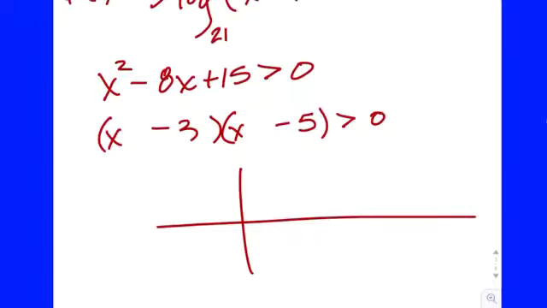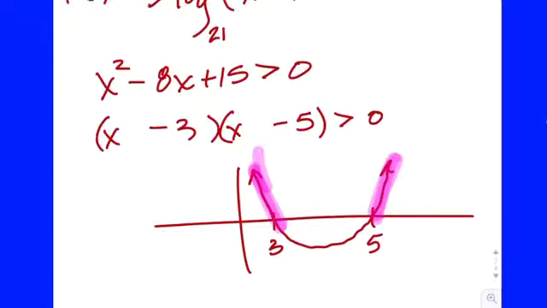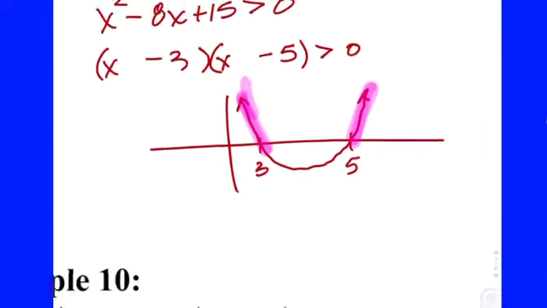The x-intercepts are not at negative 3, negative 5, but at positive 3, positive 5. You really don't even need to sketch the graph from there, but it's nice to get a confirmation on the visual. We want to know where it's positive, so it's outside of.